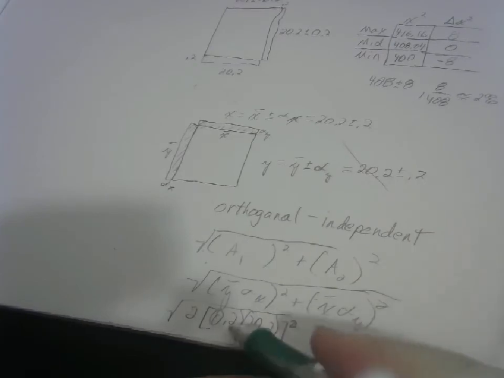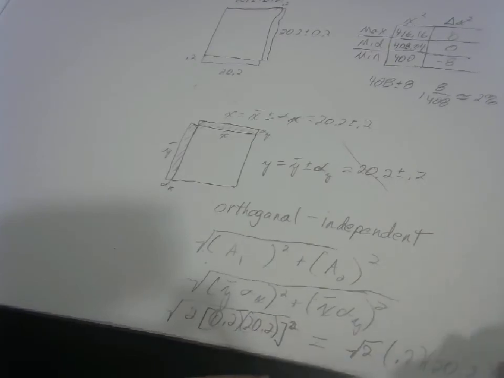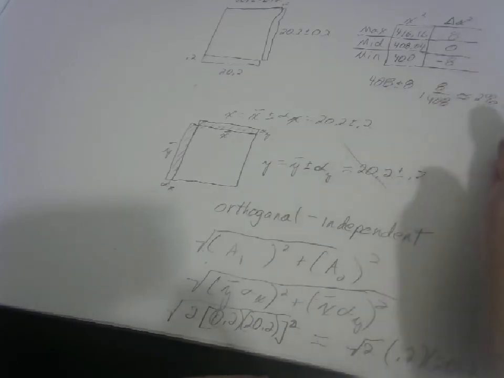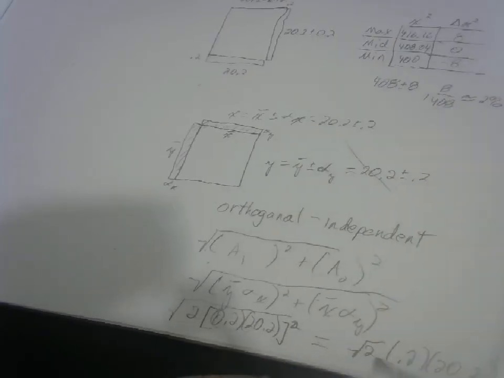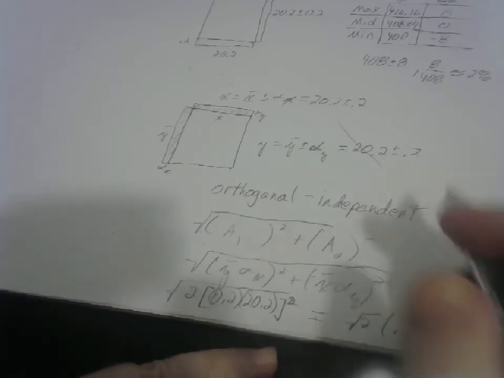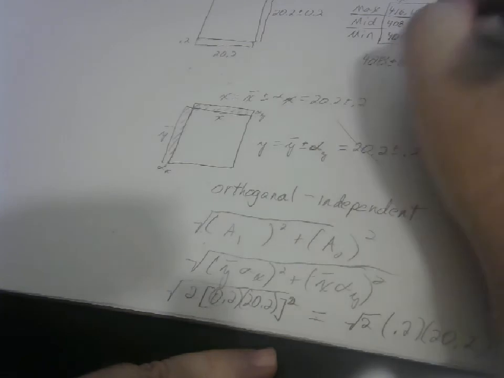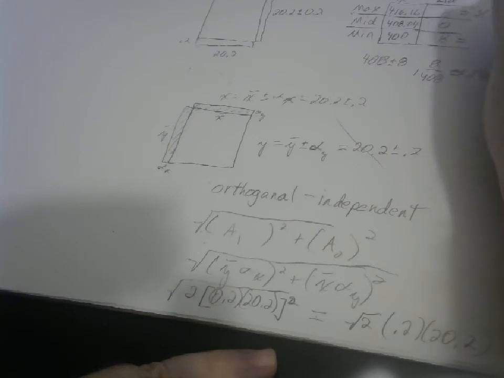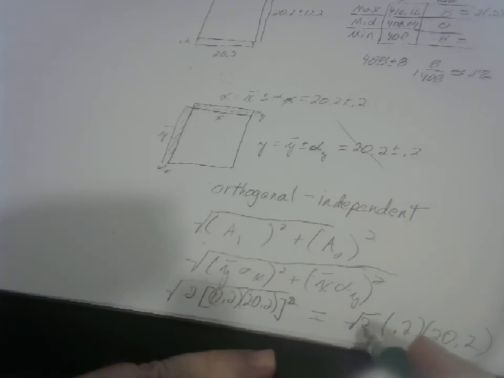I took the square root of that squared, so that came out like that. This value up here, though, was not the square root of 2 times 0.2 times 20.2. It was just 8, which equals 2 times 0.2 times 20.2. So instead of getting a square root of 2, we got a 2.